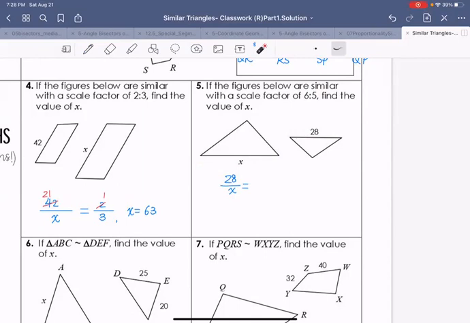We may have to put this on the top, 28 on the bottom. Does that make sense? Yeah. So we do x over 28 equals 6 over 5. Does this make sense? Yeah.